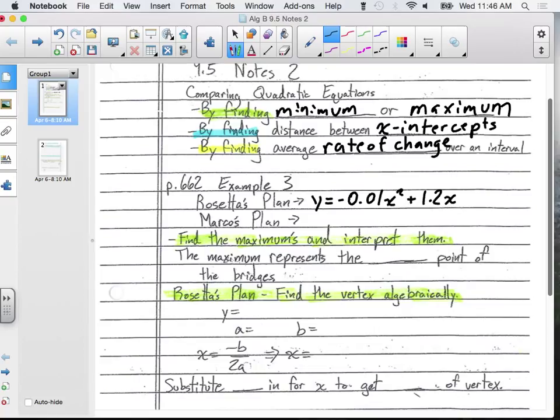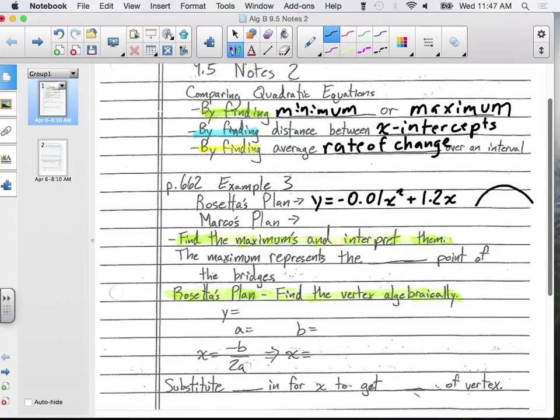Alright, so we're dealing with bridges in this example, right? So, what kind of parabola do you think it's going to look like? This one or this one? That one. Right, so here's where we can draw it. So now we have a rough sketch of what our bridge looks like.